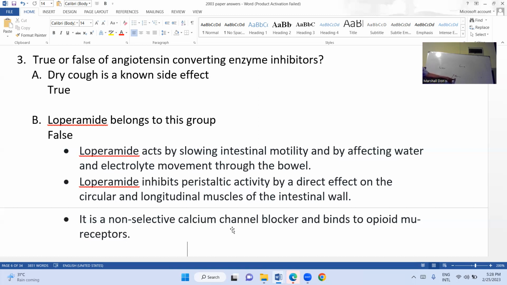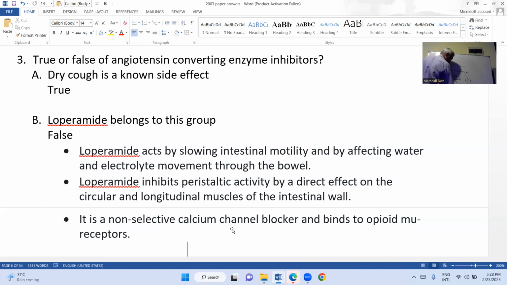Renin is an enzyme, a proteolytic enzyme. So liver releases angiotensinogen. This has no action, but renin can convert this to angiotensin 1.